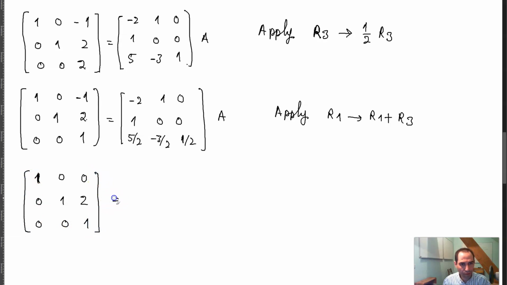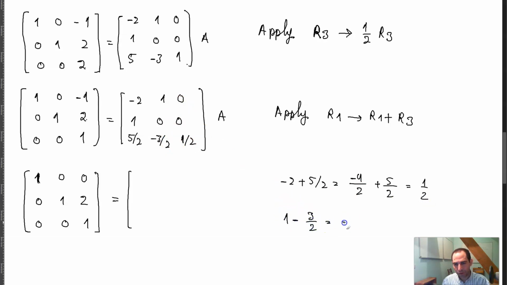And then you will have, again, R1 changes here, -2 plus 5 halves is the same thing as -4 halves plus 5 halves, which is equal to 1 half. 1 plus -3 halves, so that is 1 minus 3 halves, which is the same thing as 2 halves minus 3 halves, which is equal to -1 half.